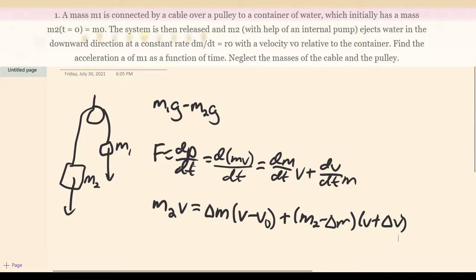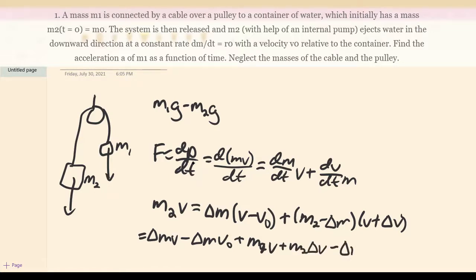And so we get that this is equal to delta m v minus delta m v0 plus m2 v plus m2 delta v minus delta m v minus delta m delta v. This last term, delta m times delta v, is really, really small, so we can basically just ignore it.